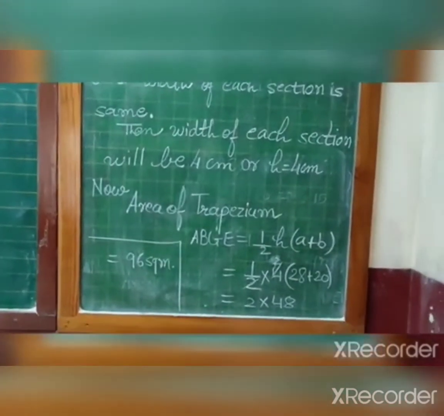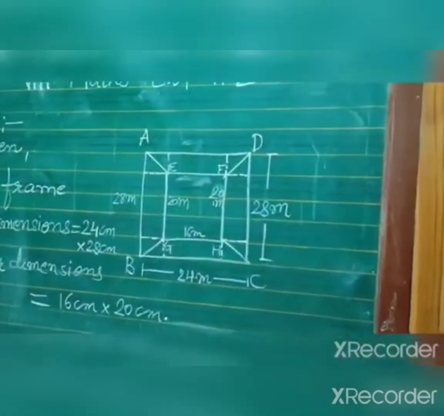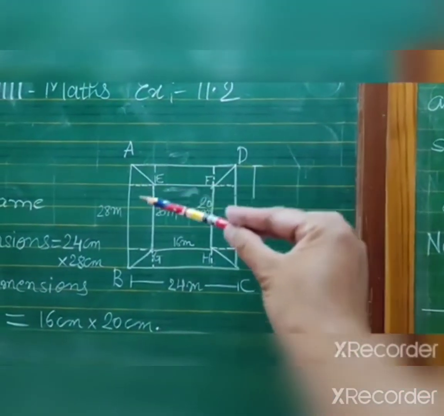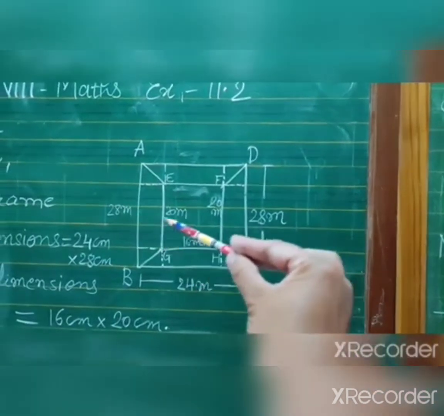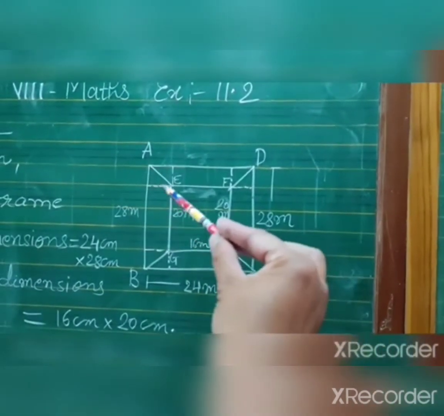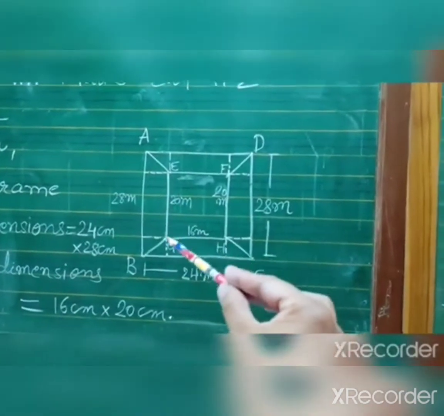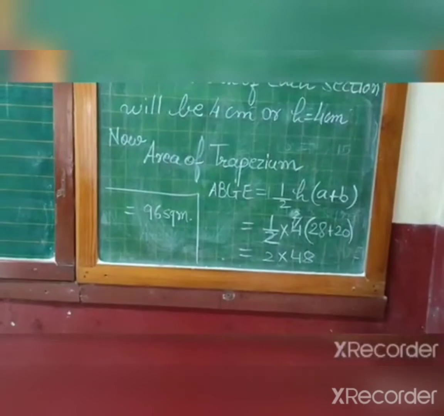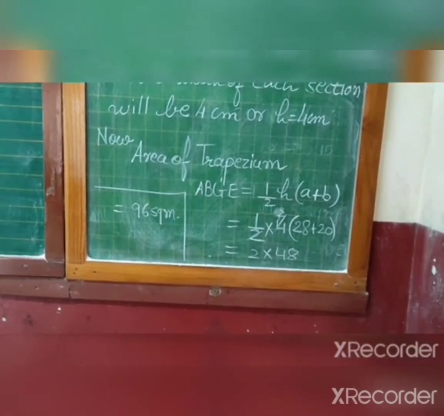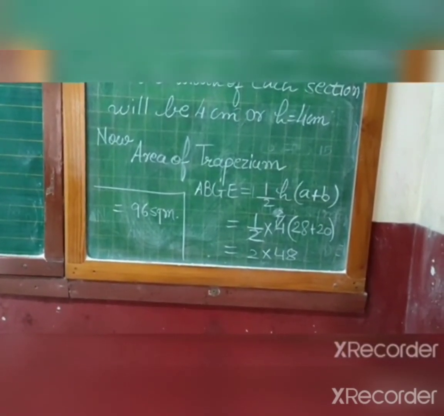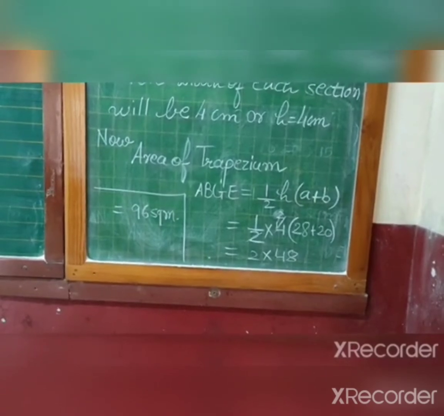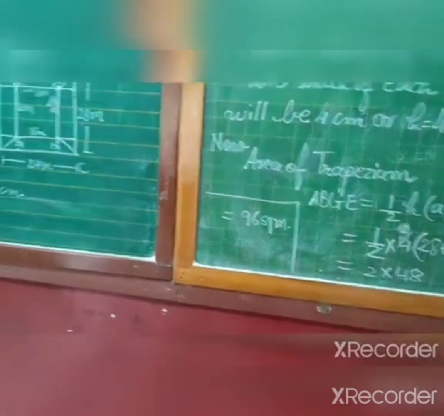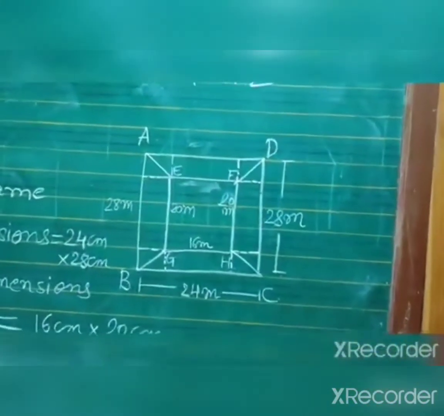So area of trapezium ABGE: 28 plus 20, opposite parallel lines, and width, that means height, 4. So the formula half into h into a plus b, that means half into 4 into 28 plus 20. So 2 2s are 4, 2 into 48, that means 96 square meter.